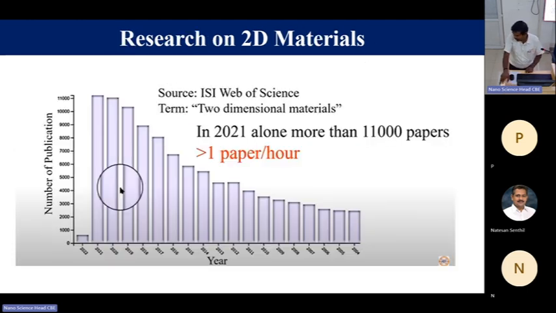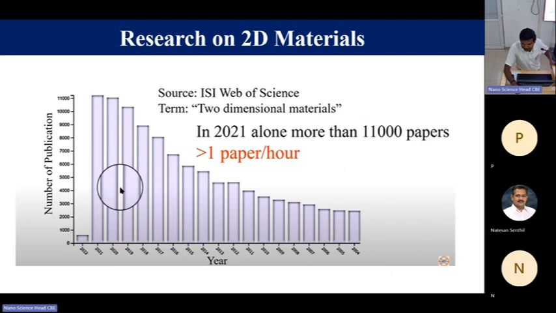Okay, next. These are the number of works going on worldwide. This was taken in 2021, this statistics. Now we are in 2024, and this is much improved.